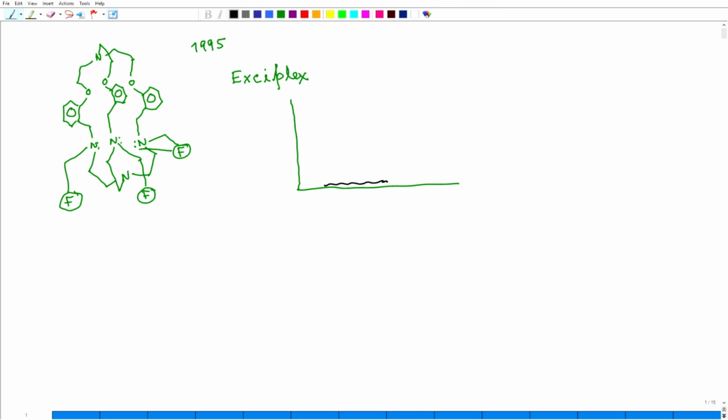However, it gives a broad band. So, you increase the concentration, and this band intensity also increases. This is a broad band. Usually fluorescence with anthracene gives sharp bands. I will show you in a minute.